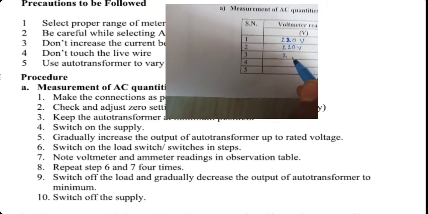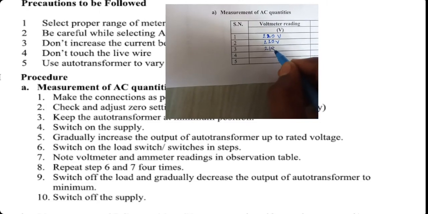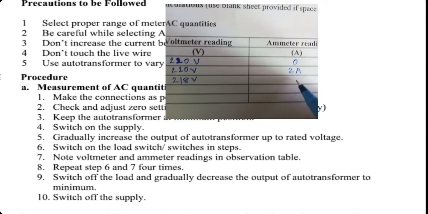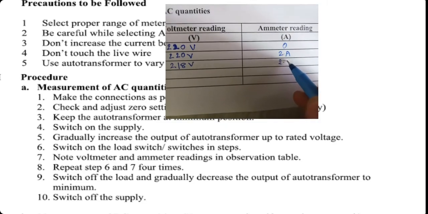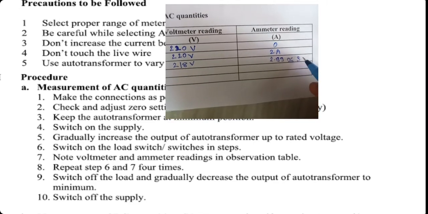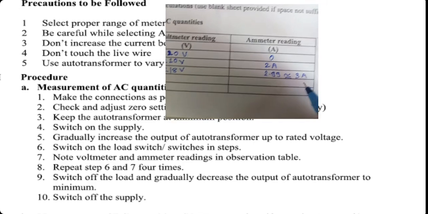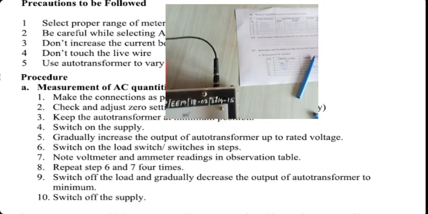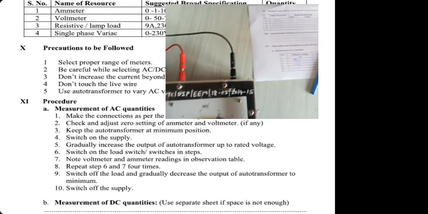Whatever readings we get, write in the observation table: 218 volt and current near about 3 ampere. Then repeat steps 6 and 7 for this experiment.